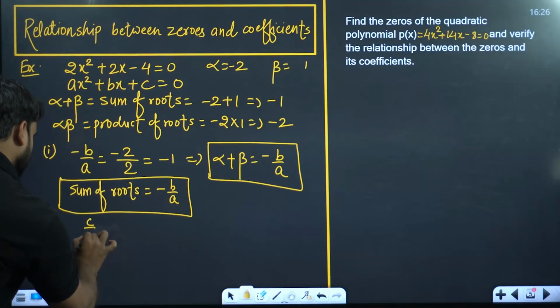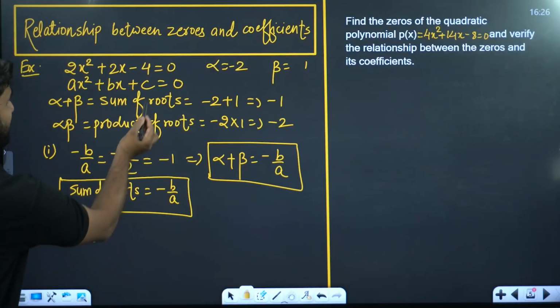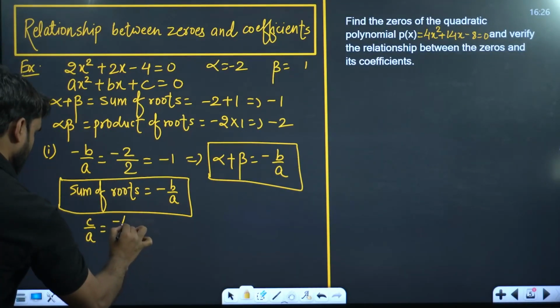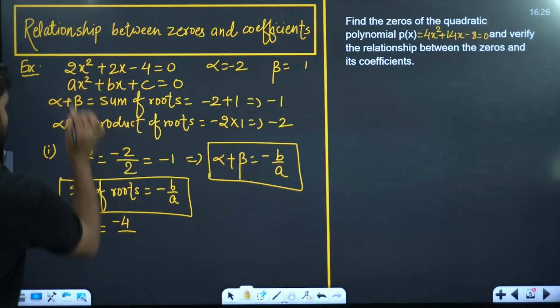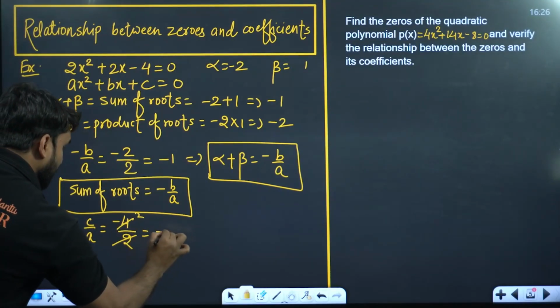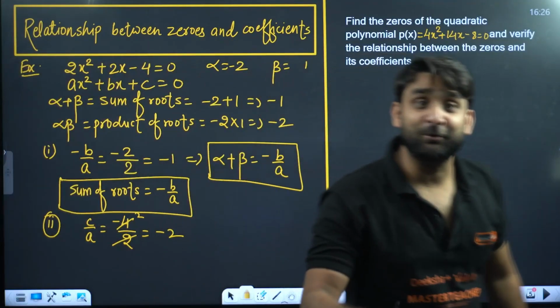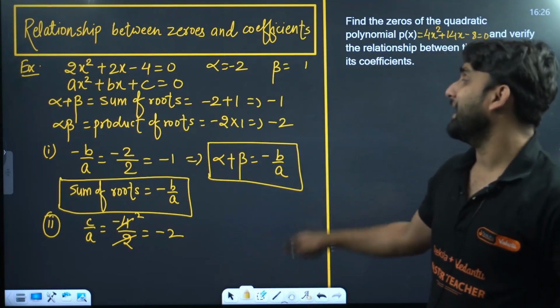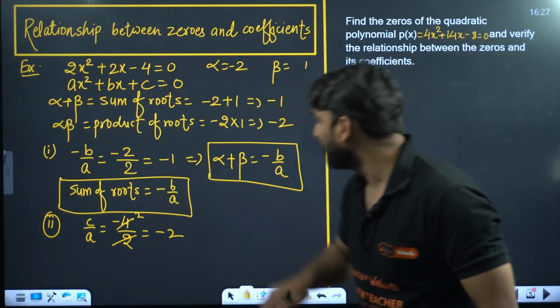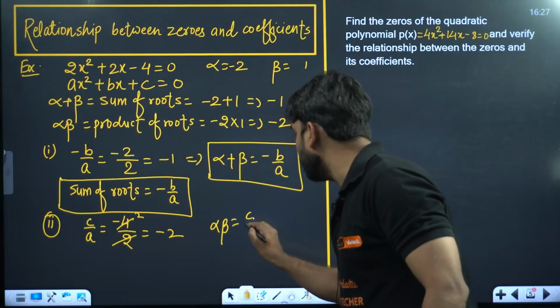Do one thing. Divide c by a. Find out the value of c by a. Where is c? c is -4. And where is a? a is 2. Oh wow! If you divide this, what are you getting? -2. And -2 is also the product of zeros. So it proves, champion, that alpha into beta is equal to c by a.